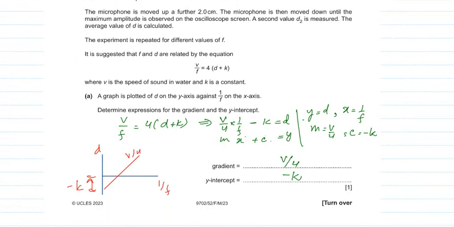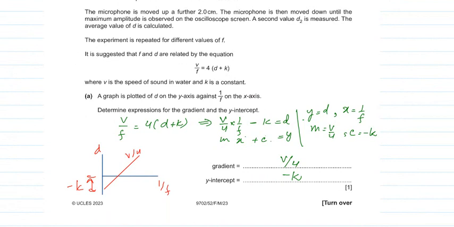So we will put d on one side of the equation. So here, v over f equal into 1 over f minus k is equal to d.